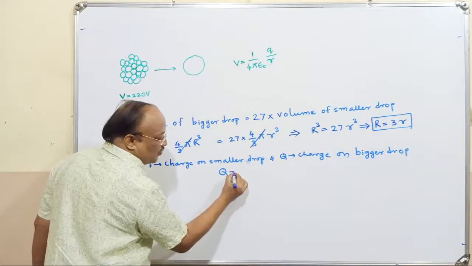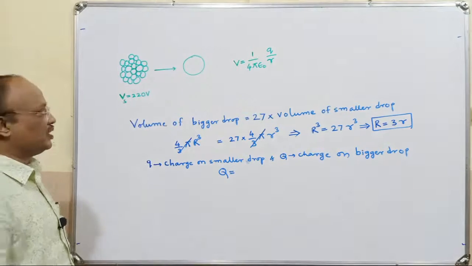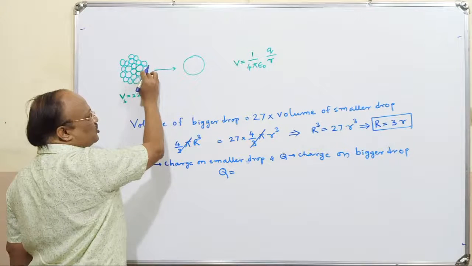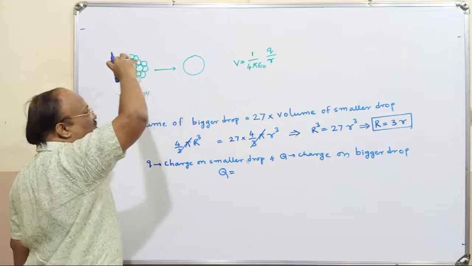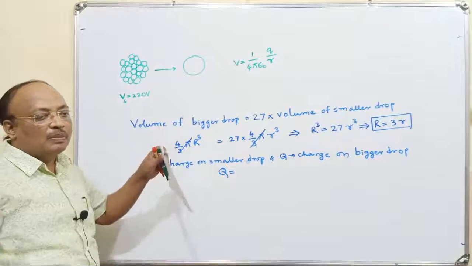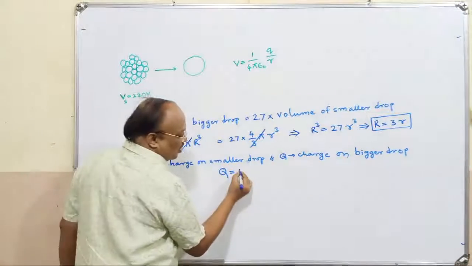If the charge of one drop is q, such 27 drops are merging to form this bigger drop.